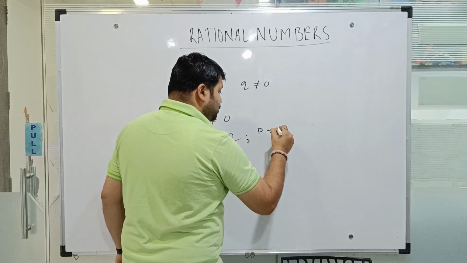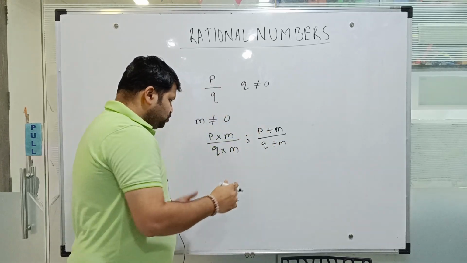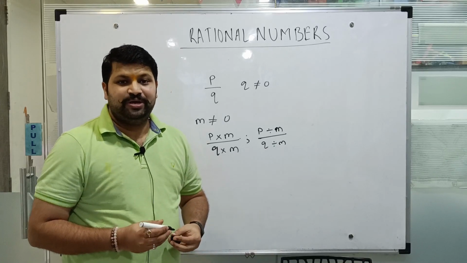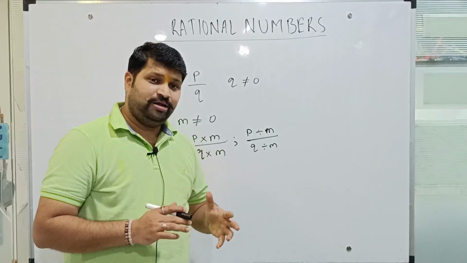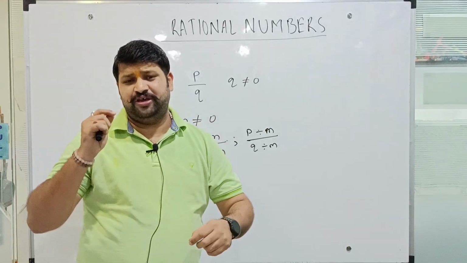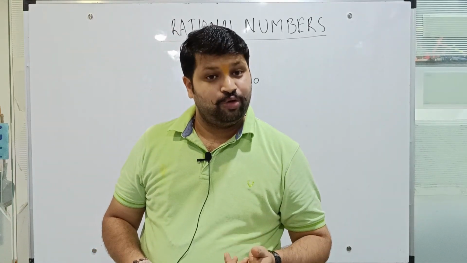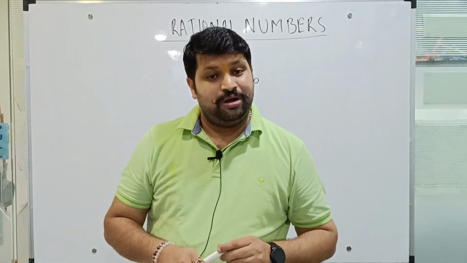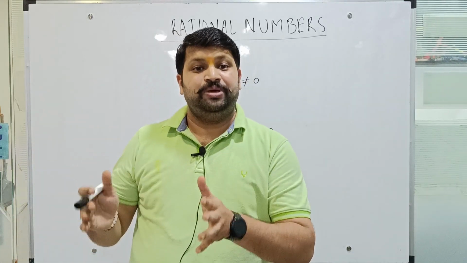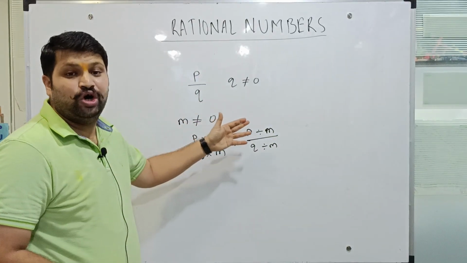So these two numbers that I get after multiplying by m or dividing by m are going to be rational numbers, and they are going to be equal to P upon Q, which means if you have a rational number, you multiply or divide numerator and denominator both by the same number, then the final answer would not actually change. So P upon Q would remain exactly the same even in this case or in this case.